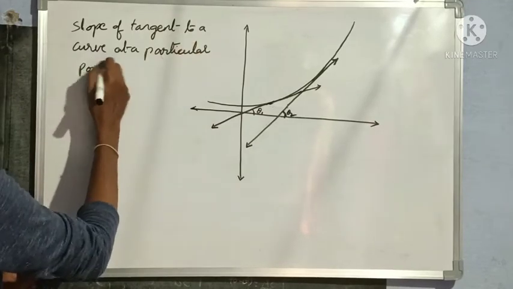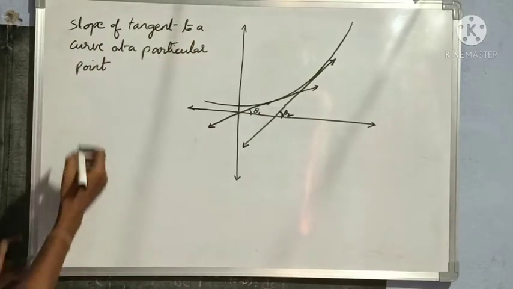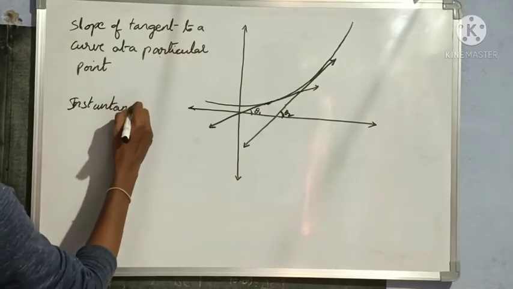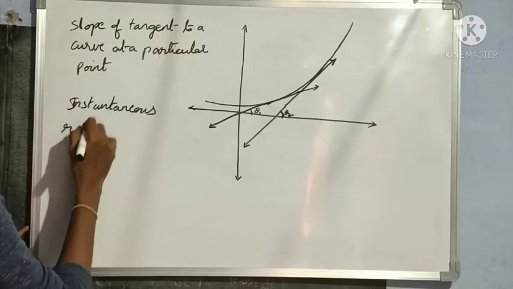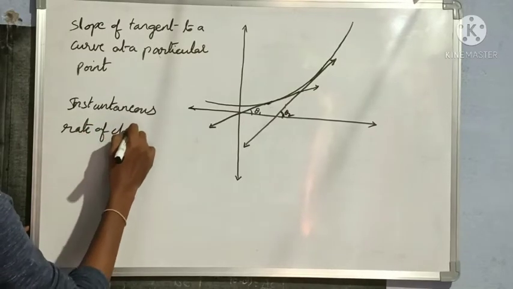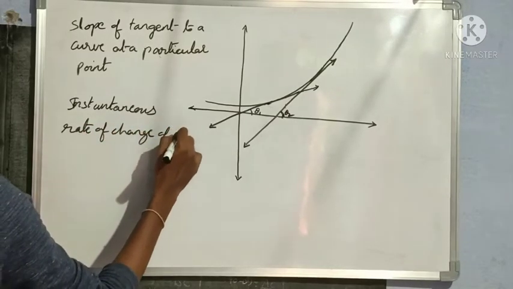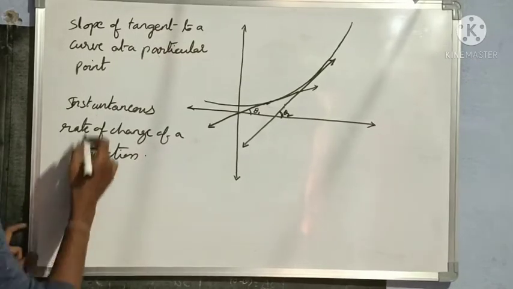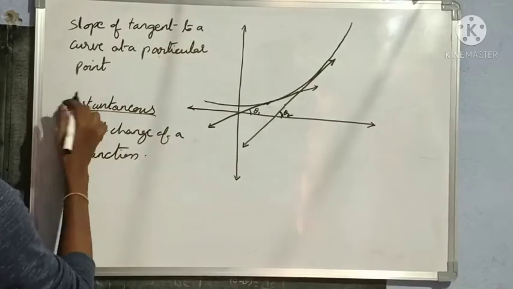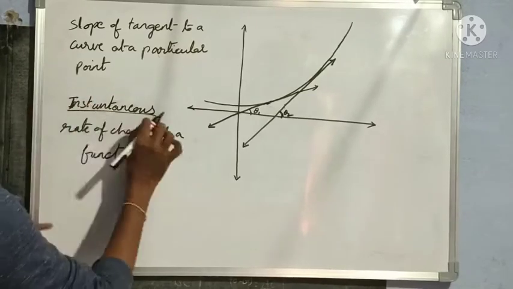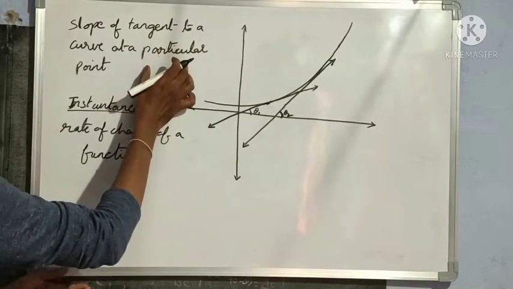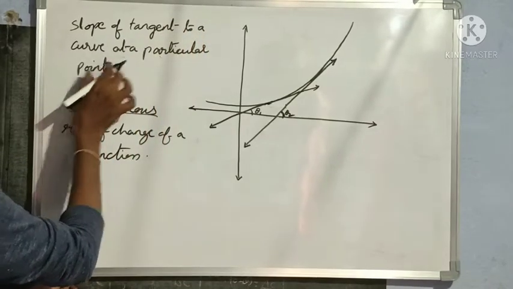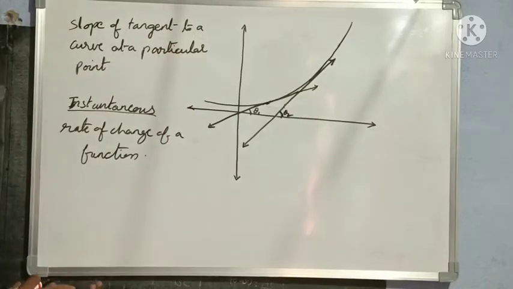Even for the physical meaning I have used the instantaneous rate of change of a function, right? Instantaneous means at that particular instant, which is nothing but at that particular point. The same I am using here: slope of tangent to a curve at a particular point. This gives the derivative of that curve.